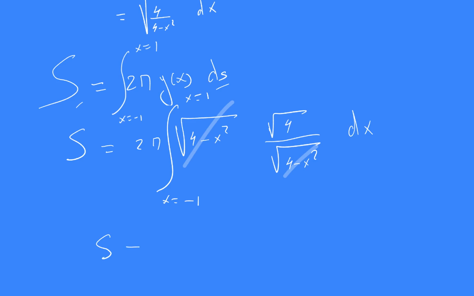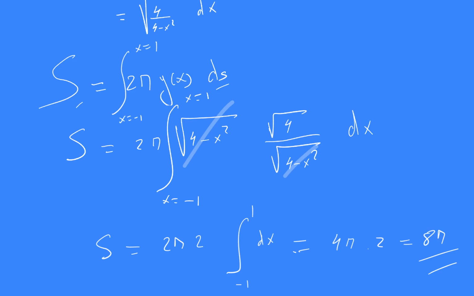So the surface area will be 2 pi times the square root of 4, which is 2, times the integral from -1 to 1 of dx. And the integral from -1 to 1 is 2. So it would be 4 pi times 2, or in other words, 8 pi. Wow. And the problem is solved.